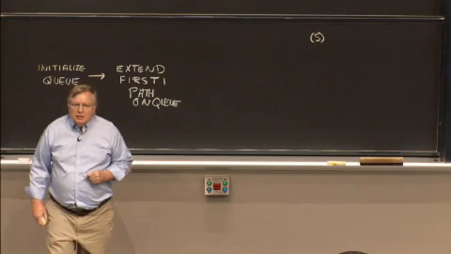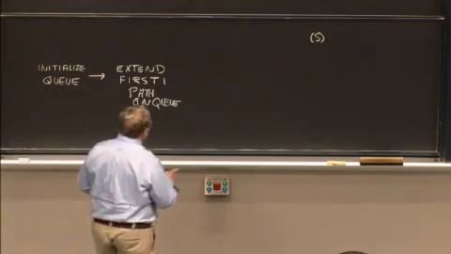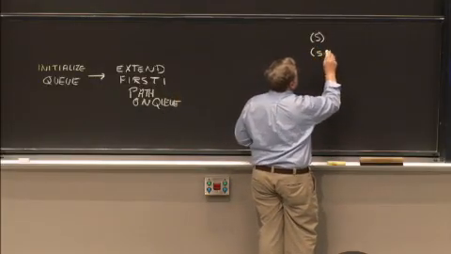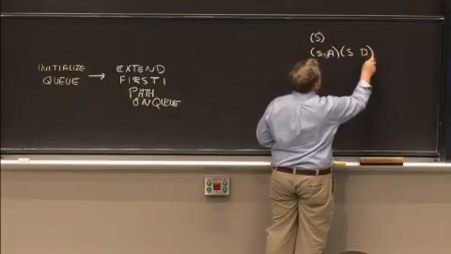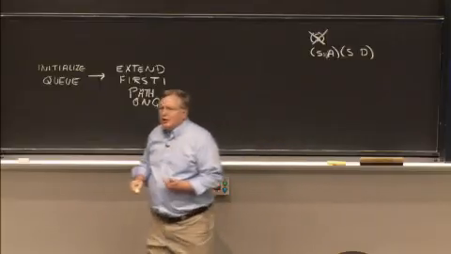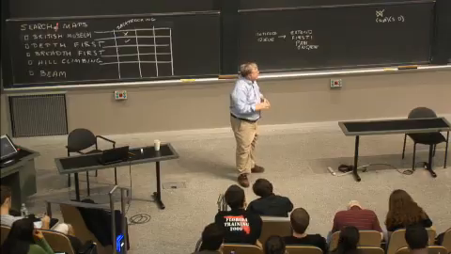Okay, so when I extend S, I get two paths. I get S goes to A, and I get S goes to B. So I take the first one off the front of the queue, and I put back the two that are produced by extending that path.